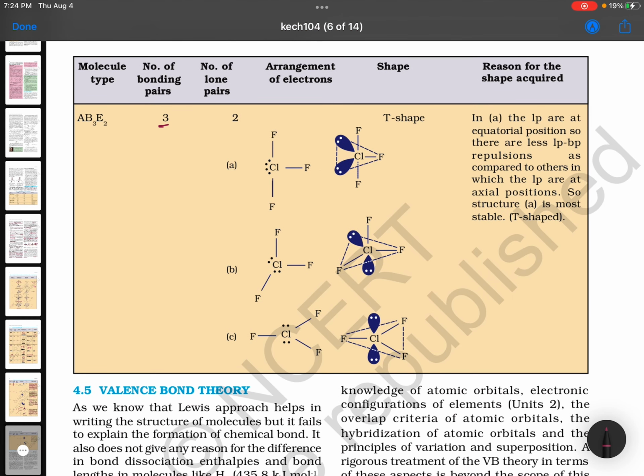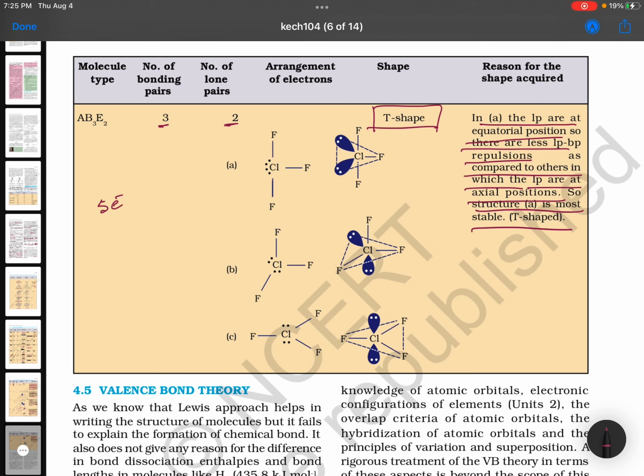AB3E2, where three bond pairs, two lone pairs are there, this should be seesaw, T shape. In A, the lone pairs are at the equatorial position, and there are fewer lone pair bond pair repulsions as compared to the others in which the lone pairs are at the axial position. So all are T shaped. See, it is better to keep the lone pairs in the plane. Very, very simple logic, you see.